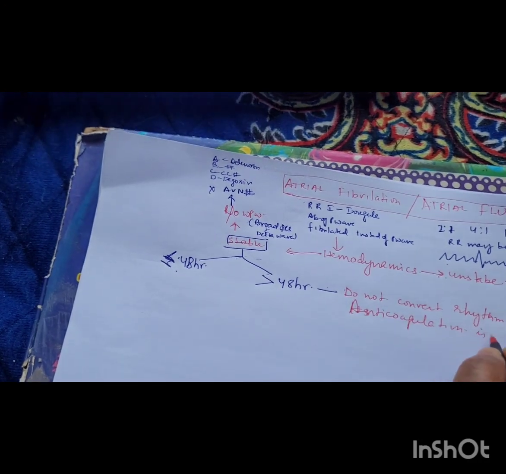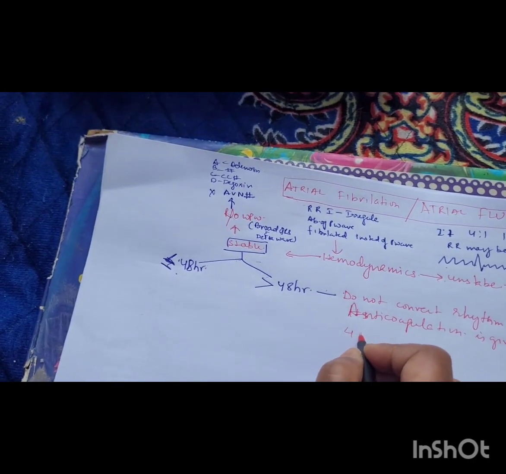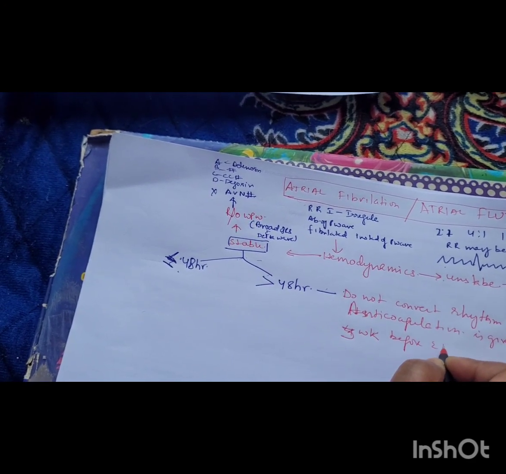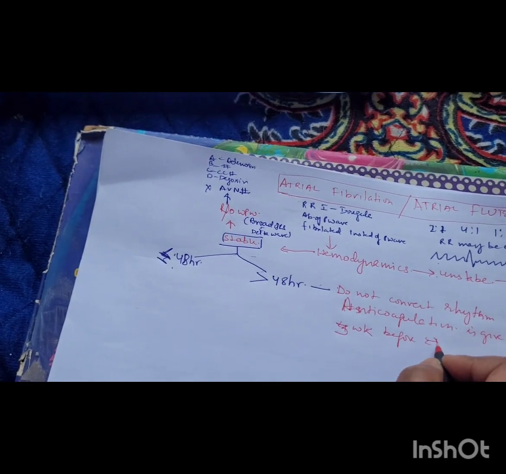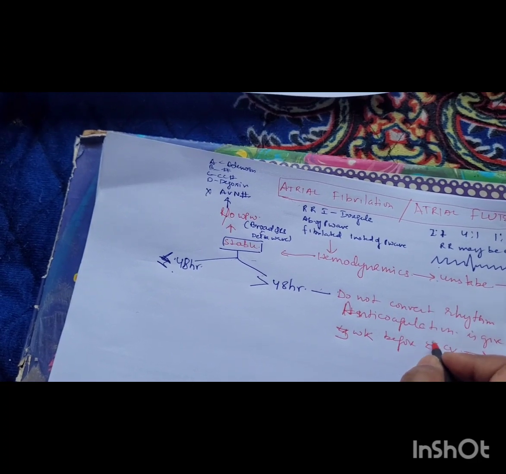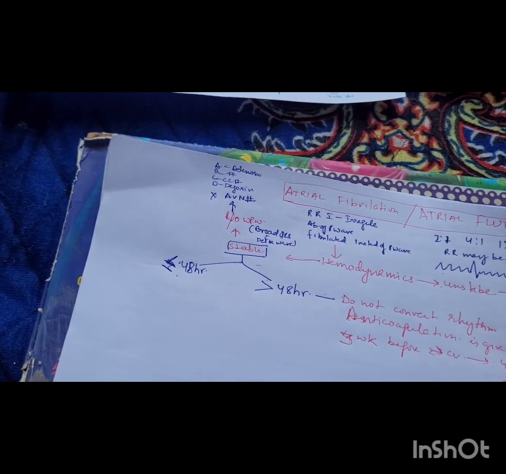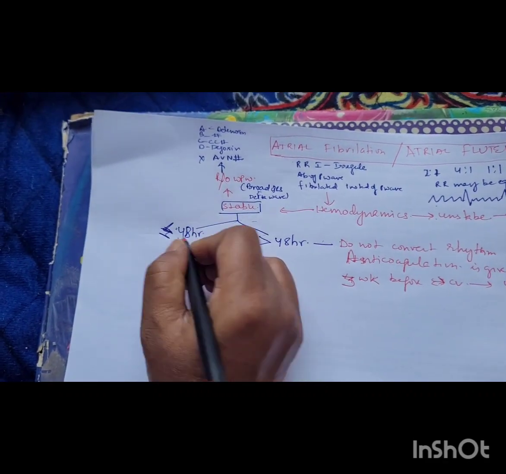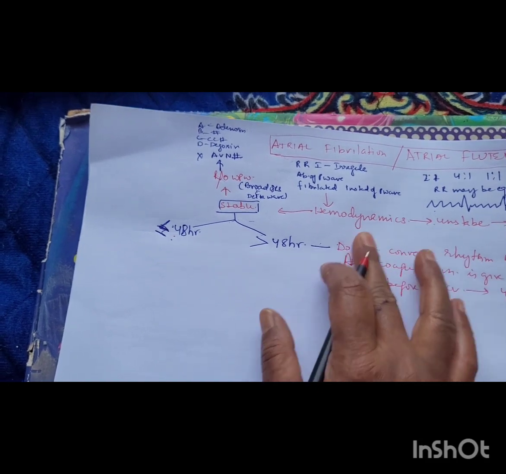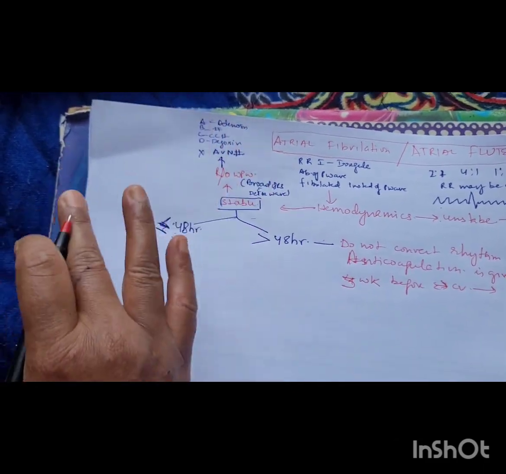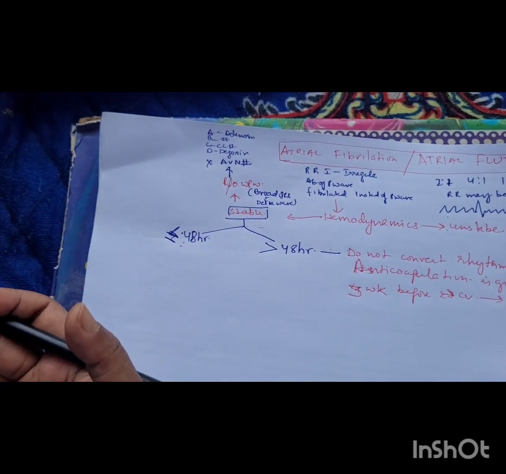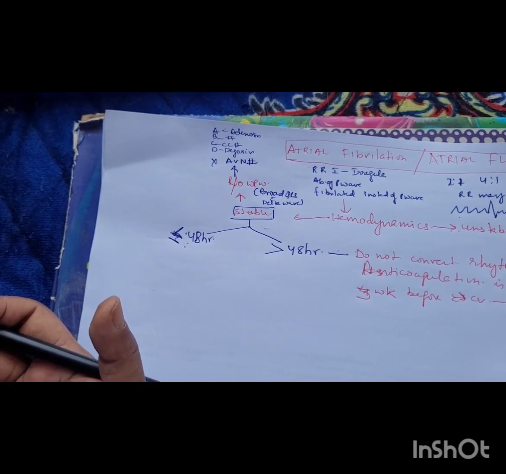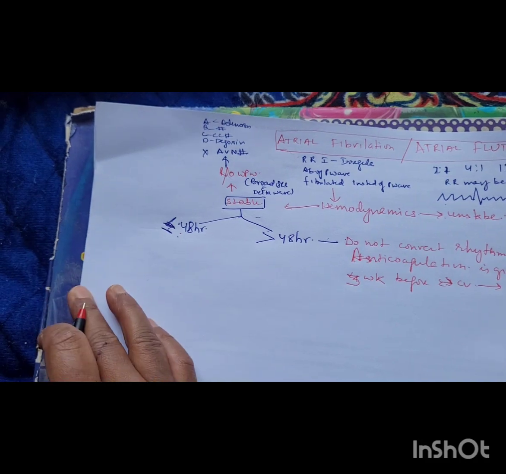Until anticoagulation is given for 3 weeks, and then you can do cardioversion, and then you can give another 4 weeks of anticoagulant. But if it is less than 48 hours, or the patient is already anticoagulated, or the patient might be on dabigatran or warfarin, or according to the CHA2DS2-VASc score and HAS-BLED score, then you can go with anticoagulation.